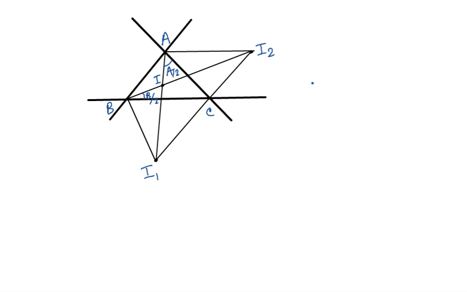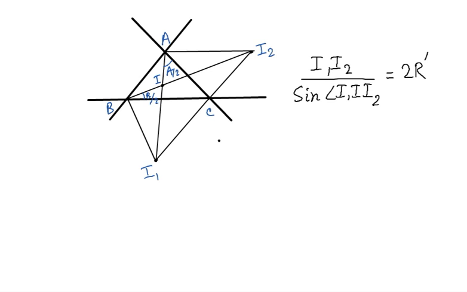To find the circumradius of the triangle I I1 I2, we can take the help of properties of triangle. So we can very easily write down that I1I2 divided by sine of the angle I1 I I2 should give you 2 times the circumradius of the triangle.